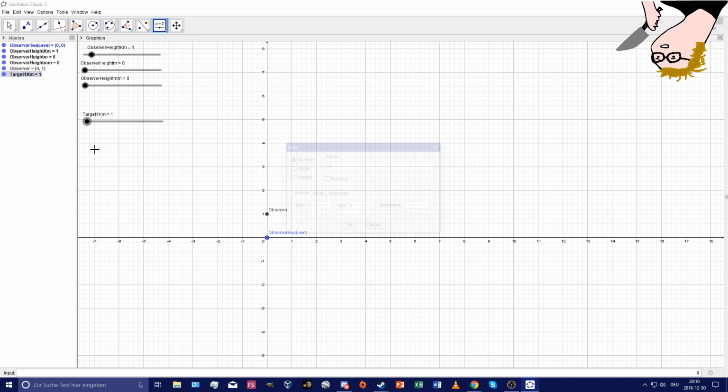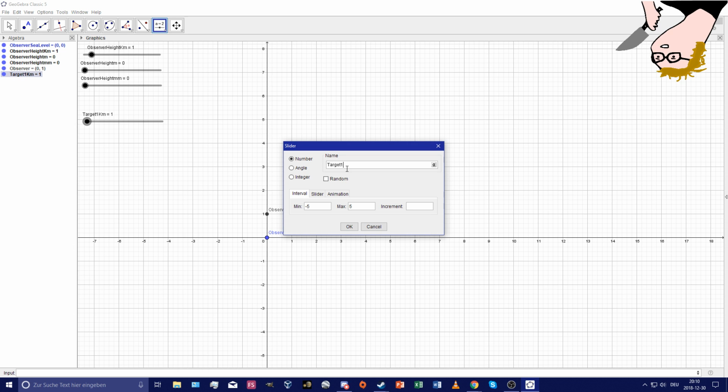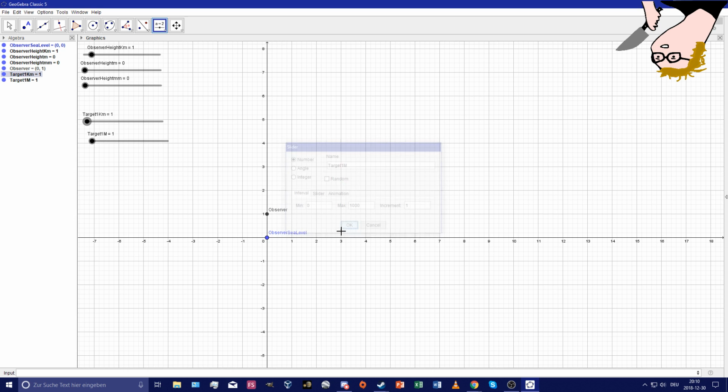And we need a second one for target 1 in meters. Yeah, from 0 to 1000 increments of 1. Obviously, we are not going to use millimeters. That would be overkill for this. Okay, so those will be for the distances.